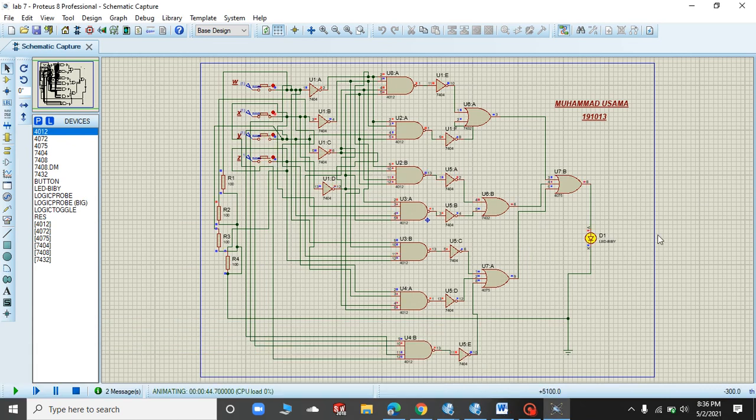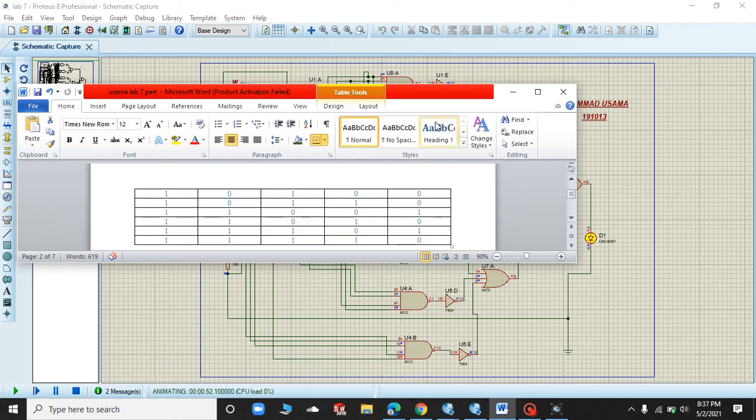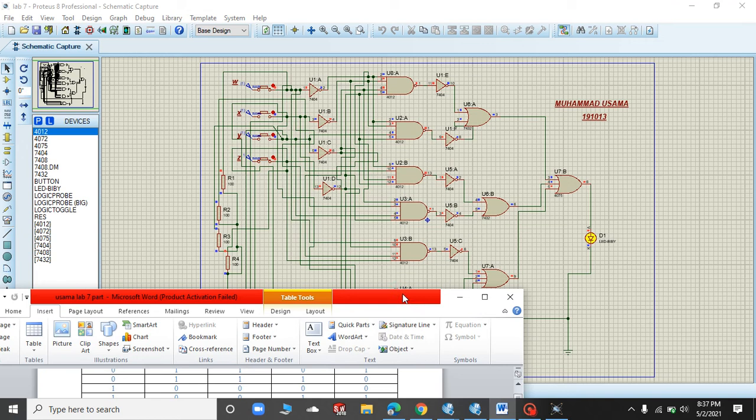You can see that over here. So as far as the Proteus implementation is concerned, you can clearly see that the truth table is being verified, and the verification of the whole truth table is given over here in the Proteus presentation.